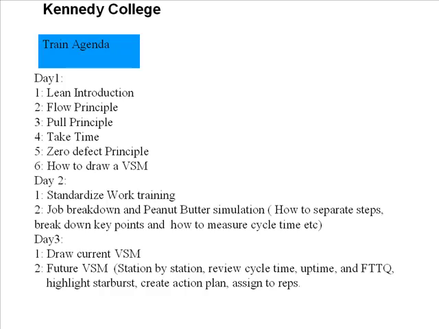We call it the current situation, the current state. That's the lean terminology: current state, where we are. Once we have the value stream map of the current state, we also define the future state, where we want to go.